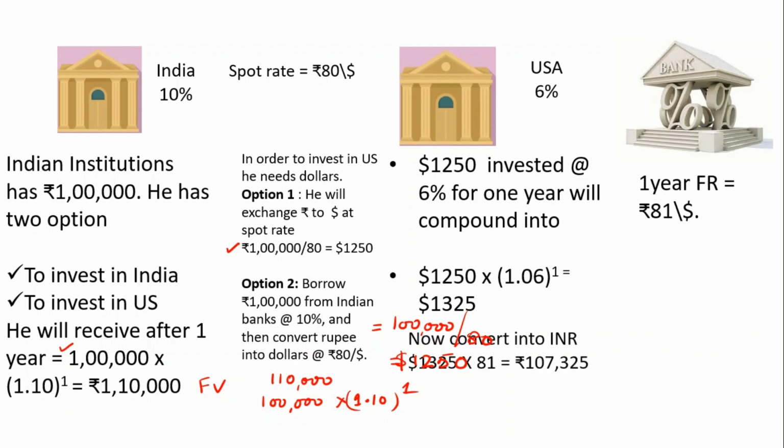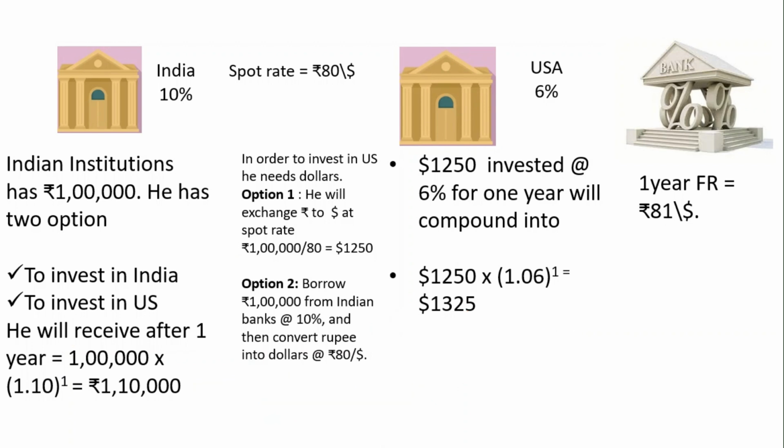So after 1 year, let me just erase some of this information here. Okay, I have erased those annotations. So now we are very sure that the Indian investor in United States will get $1,325, and he has also locked himself in with the 81 forward rate.